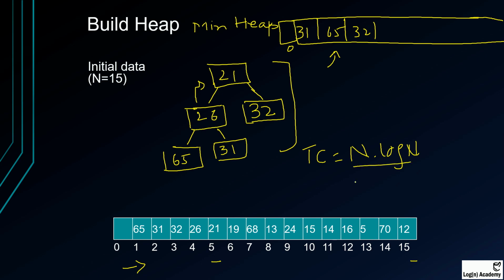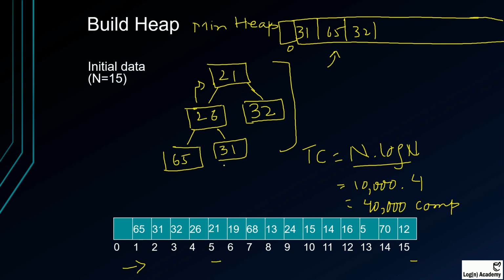For example, if I have a set of 10,000 values, then the log n of 10,000 will be 4, so it will be equal to 40,000. 40,000 comparisons are required to create a heap data structure for the 10,000 elements, right?